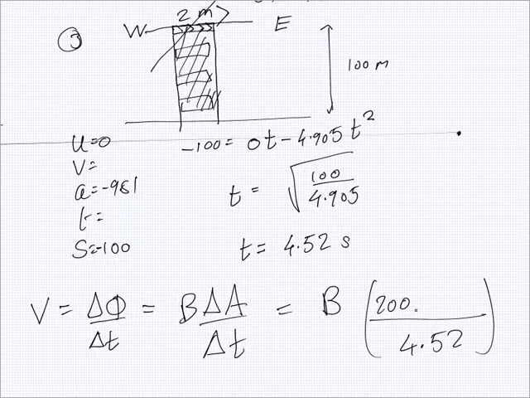And what's the area at the start? It's 0, because it hasn't moved yet. And what's the B? It's 0.07 milli, isn't it?